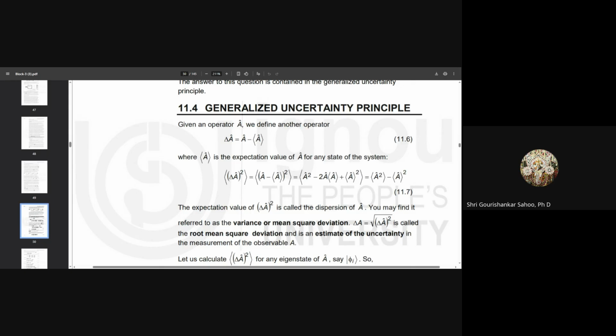So del A cap square is equal to A cap square minus A cap whole square, in the expectation value notation. The expectation value of del A cap square is called the dispersion of A cap. You may find it referred to as the variance or mean square deviation. And del A, equal to the root of del A cap square, is called the root mean square deviation and is an estimate of uncertainty in the measurement of the observable A.